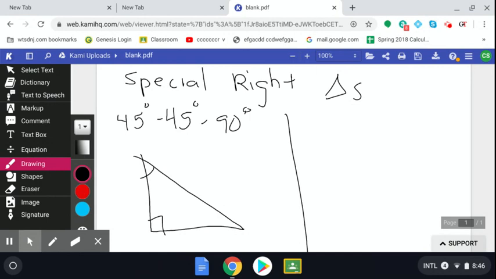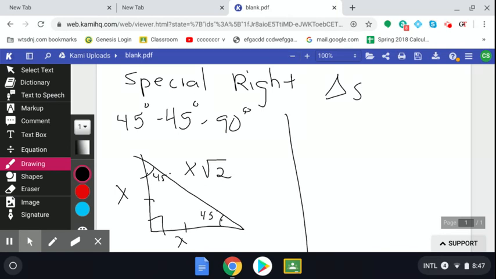So if this is 45, and this is 45, and this is a right triangle, that qualifies as a special right triangle, which means that these two sides have to be equal because those two angles are equal. So if I say that the measure of this leg here is x, and this is x, then the measure of the hypotenuse is going to be x times the square root of 2, always, regardless of the measure of the side.